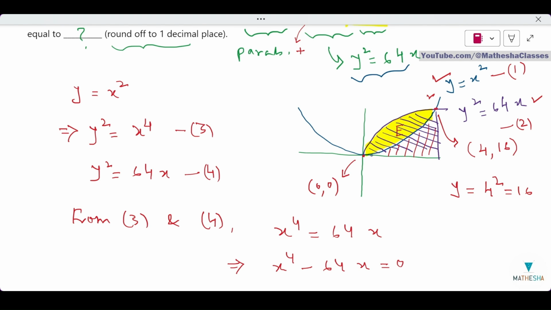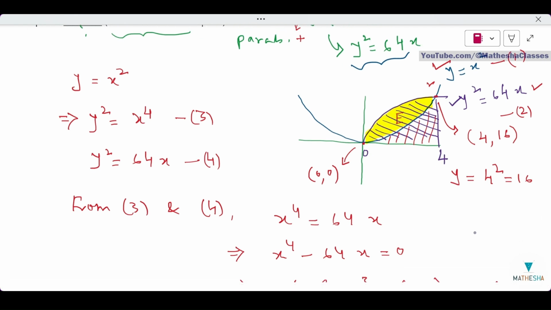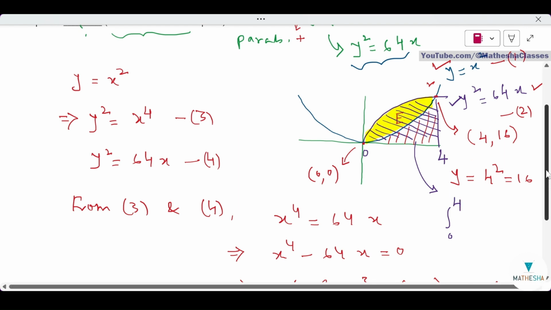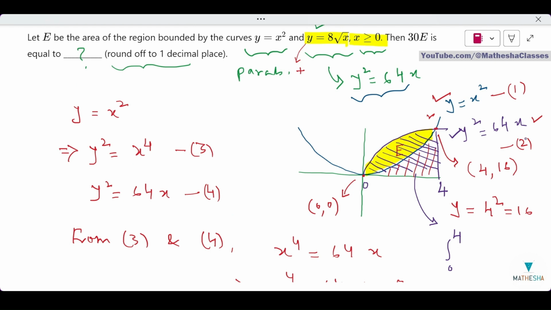Note that this area is basically the area under the curve y squared is equal to 64x from 0 to 4. This area is the bigger one, integration from 0 to 4 of the curve y squared equal to 64x.